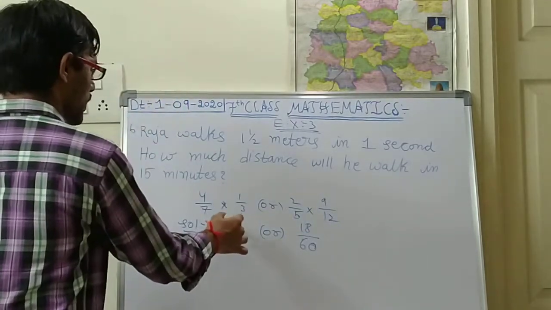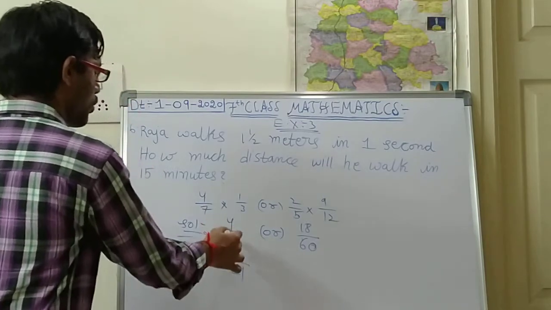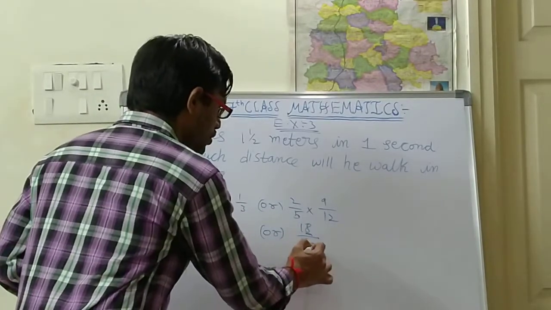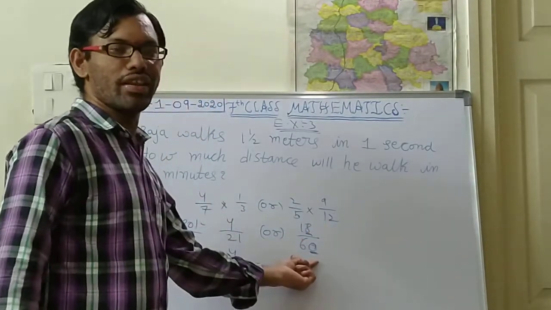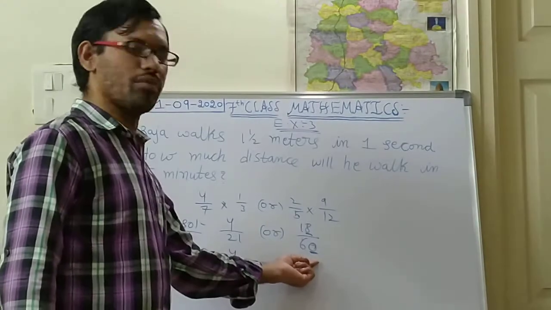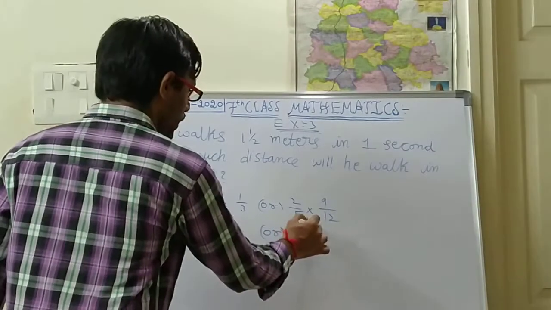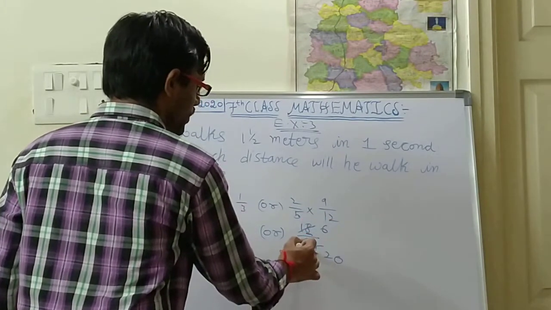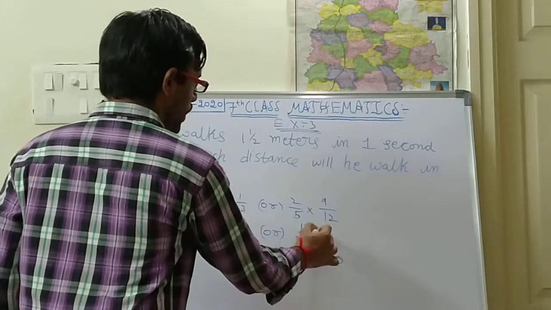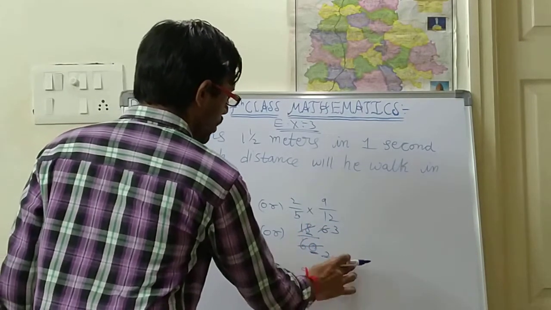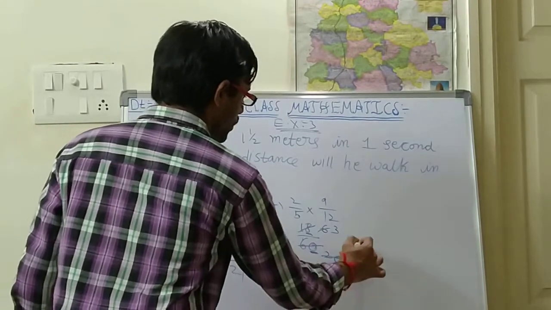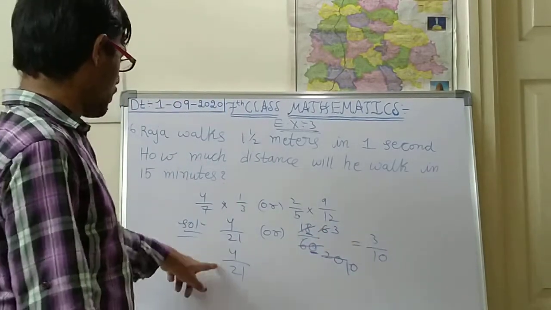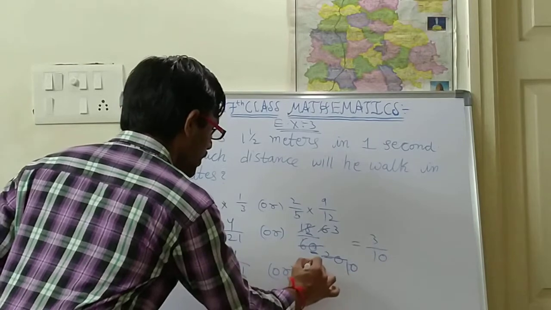Is there any cancellation? 4 by 21 does not cancel. But 18 by 60 cancels in the 3 table: 3 sixes are 18, 3 twenties are 60, so 6 by 20. Again cancel by 2: that is 3 by 10. So this answer is 3 by 10, and this one is 4 by 21.